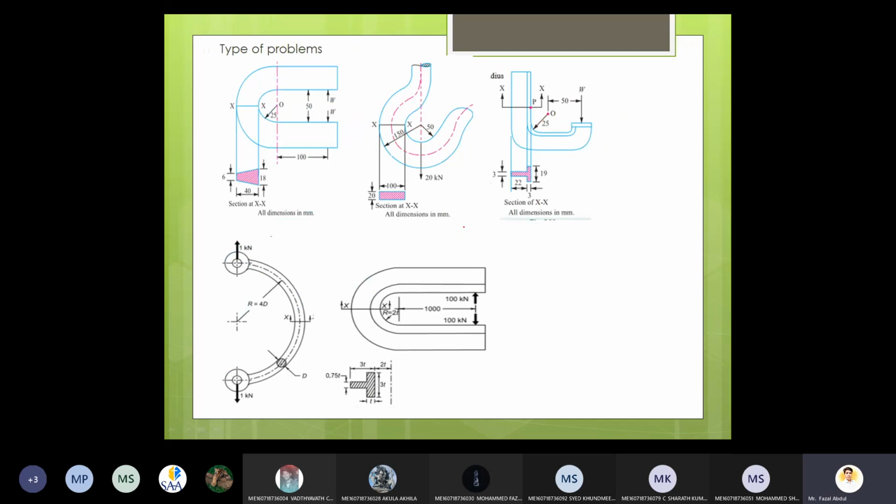And some of the figures I listed here, see, in previous question papers I observed these figures. Every time these type of problems are occurring in the examinations. So this is the C channel used in a punching press. Here the load is applied and here the punch is there, and with the help of this one we are making the holes.